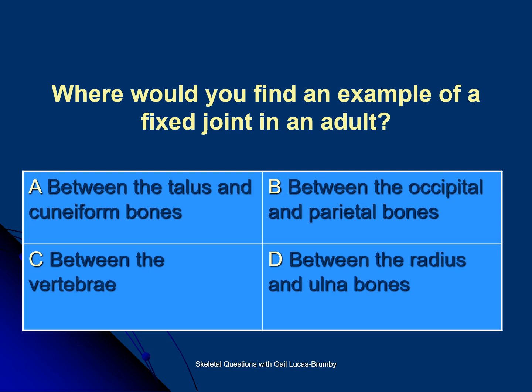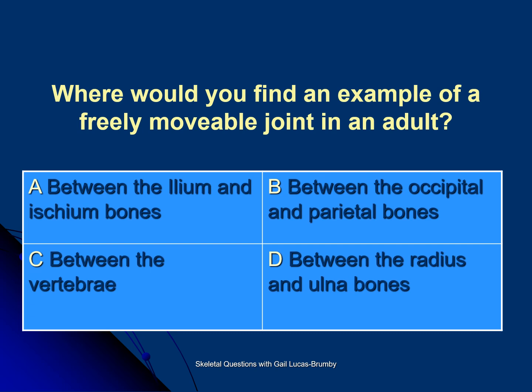Or D, between the radius and the ulnar bones. And the answer is B, between the occipital and the parietal bones. These are the bones that make up the skull, and the skull is a fixed joint. Bones don't move.